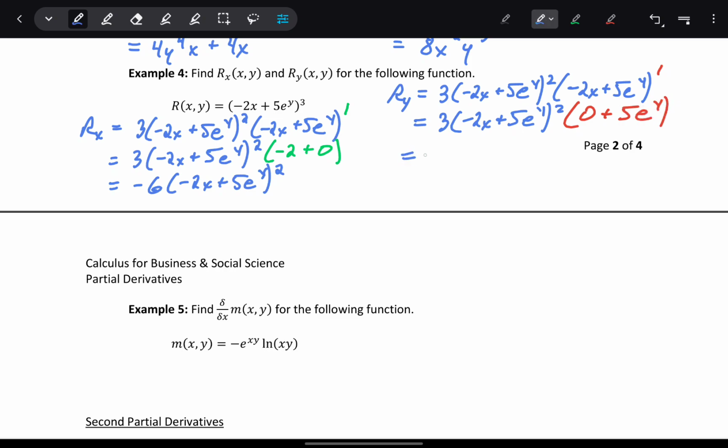Meaning our final result will be 15e^y times (negative 2x plus 5e^y) squared.